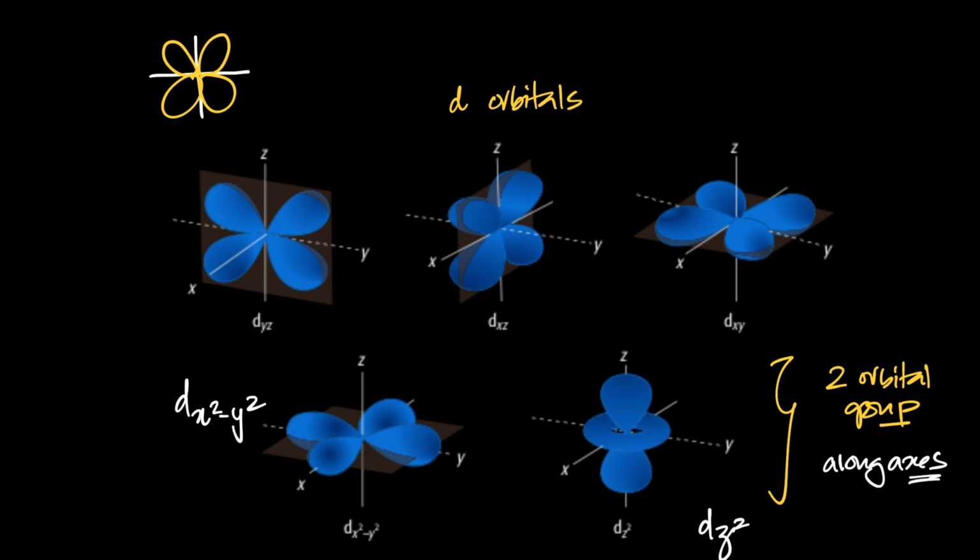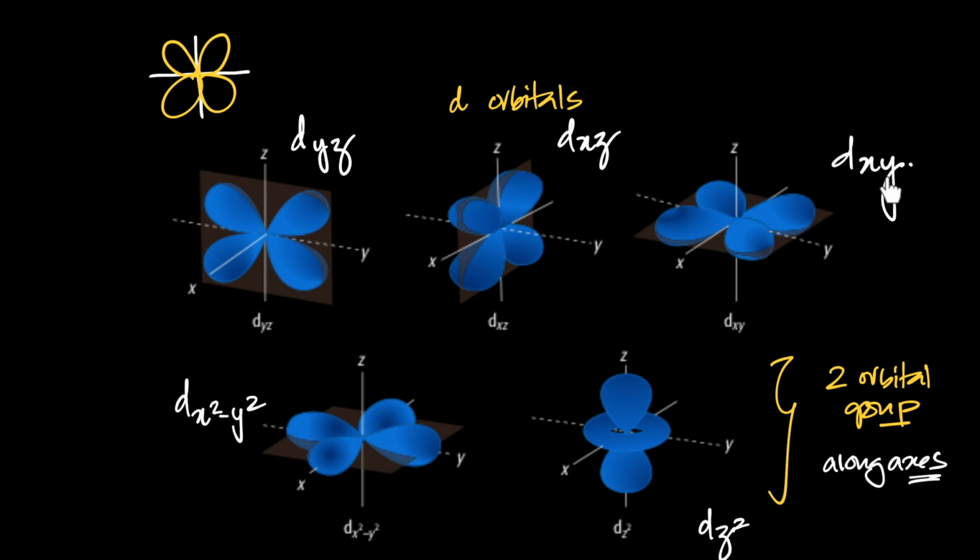The above three are called, this one is dyz, this one is dxz, and the last one is dxy. And the difference really is highlighted if I can focus on how xy is different from x square minus y square. In x square minus y square, these four lobes, they were on the axis.